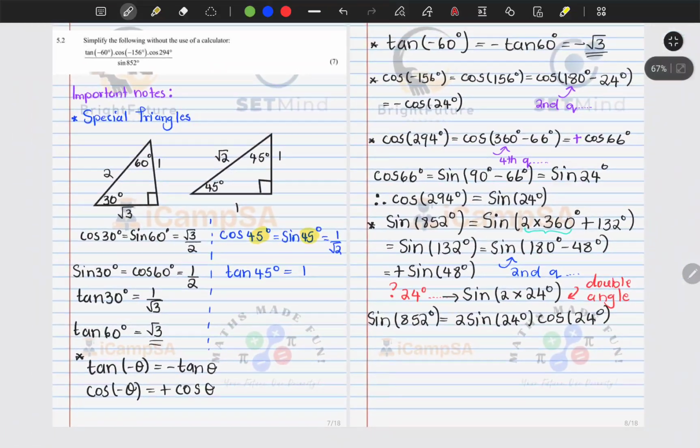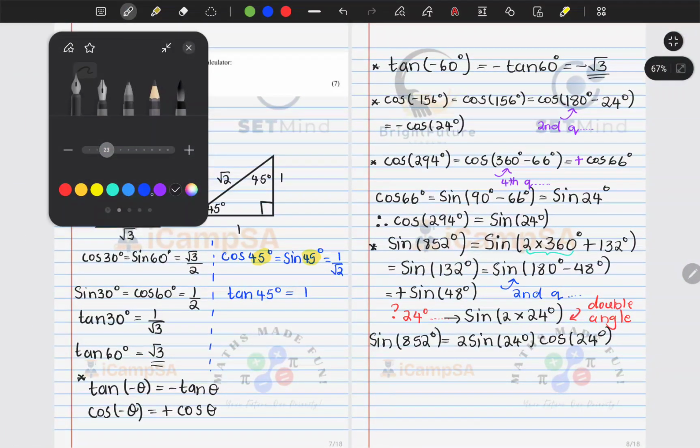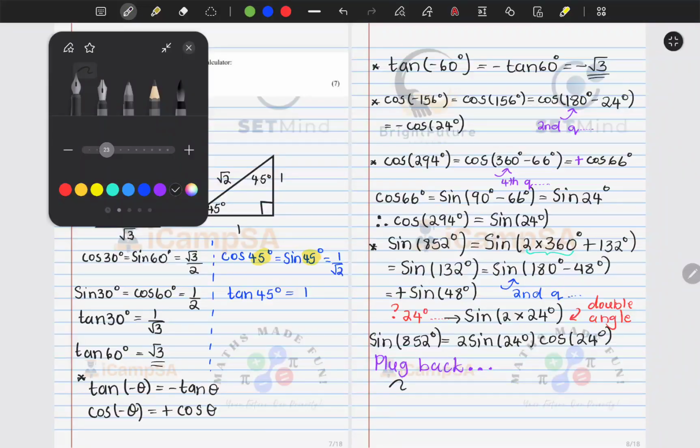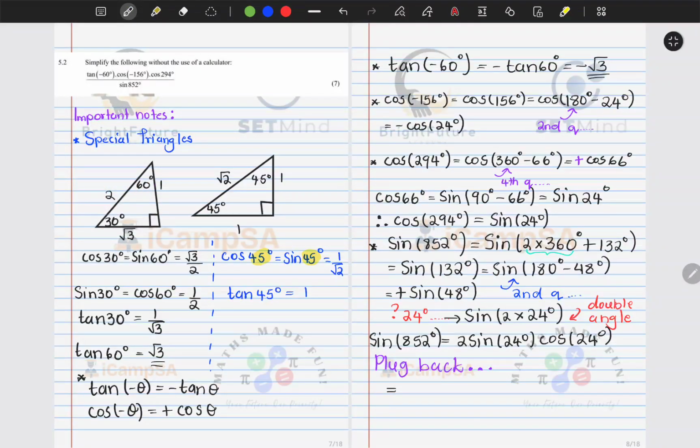Okay, so we've done the work. We can now plug back. So when you plug back, you will see that wherever we see tan of negative 60 degrees, we said there we need to put negative square root of 3. Okay, wherever we see cos of negative 156, that is just going to end up being negative cos of 24 degrees.